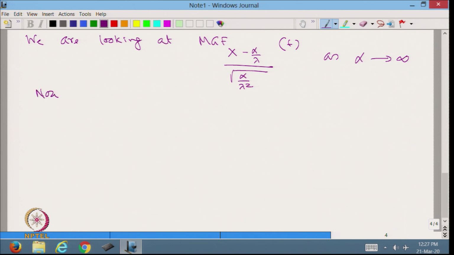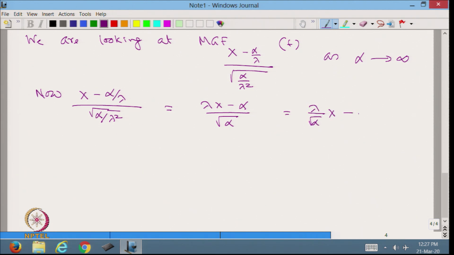Now, x minus alpha over lambda divided by root over alpha by lambda square is equal to lambda x minus alpha divided by root over alpha, which is equal to lambda over root alpha x minus root alpha.